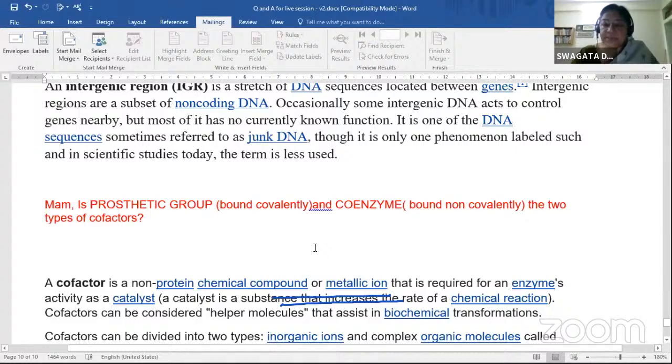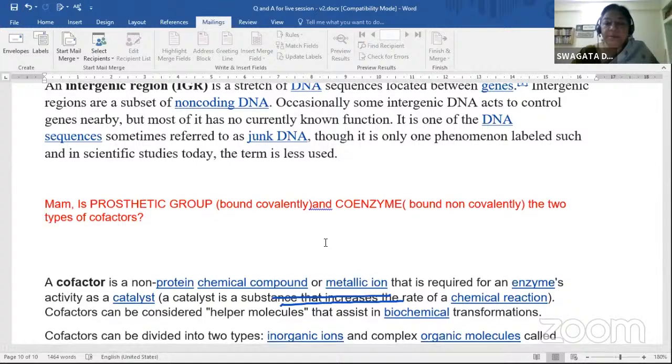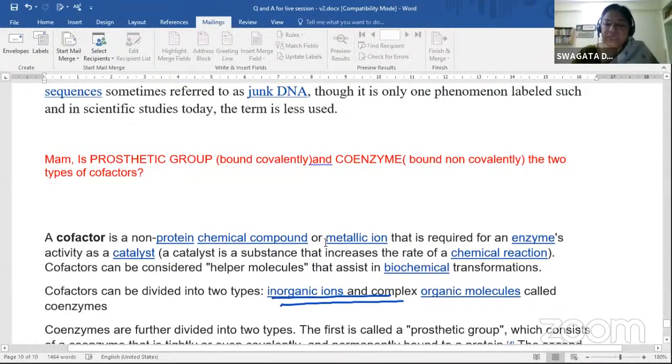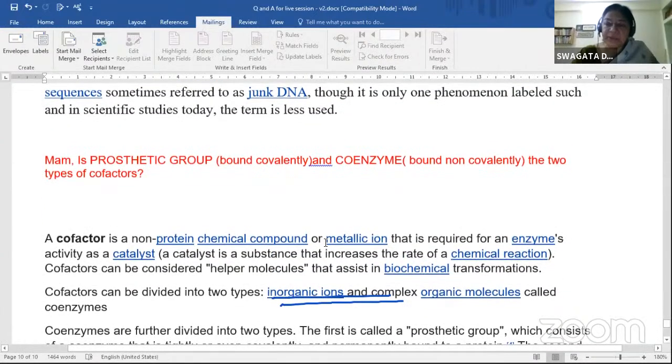We know that the enzyme is a catalyst. And when we have this particular chemical reaction, or in this case, a biochemical reaction occur, the facilitation of the catalyst is also brought about by these cofactors or the helper molecules that can be of different types. They can be inorganic in nature, like metal ions.